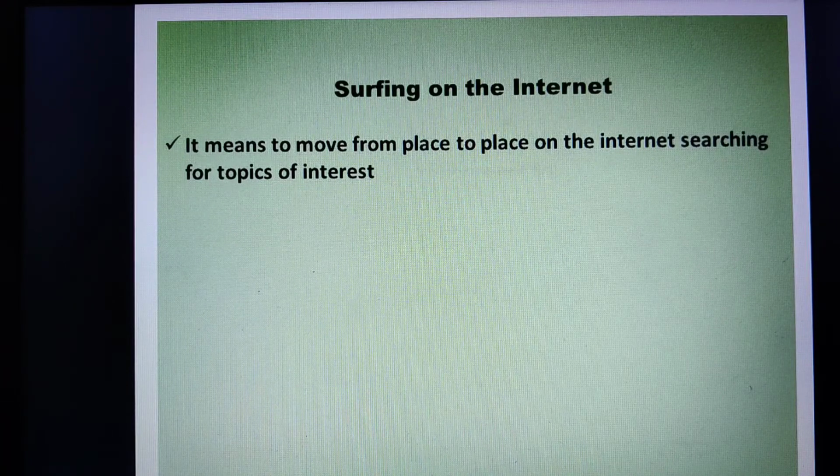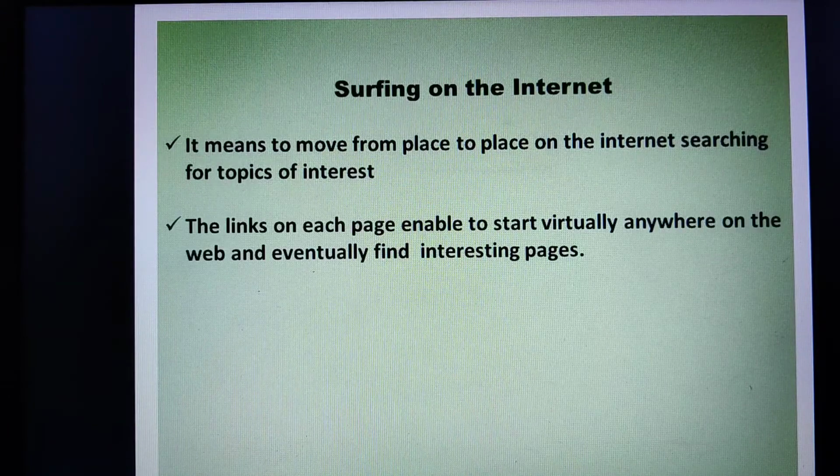Unintentionally you keep moving from one page to another, and by the time you may find certain interesting topics. So unintentionally you are searching for information, and you may land up with some interesting topics. That kind of searching we usually refer to as surfing on the internet.